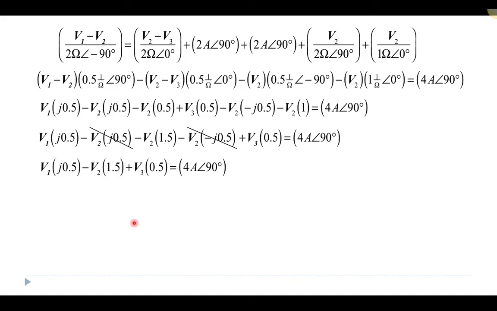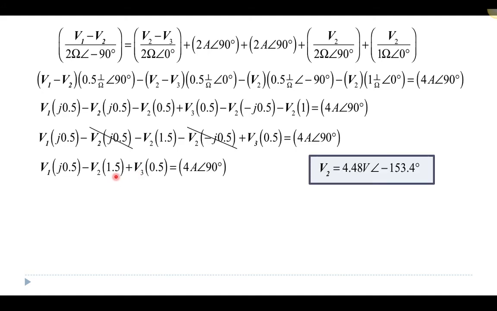So if I combine all those terms together, I have an unknown voltage V1, I have an unknown voltage V3, I've got this V2 term, but I do know from the previous node that the voltage V2 is 4.48 with a phase angle of minus 153.4, so I can plug that expression in for V2.